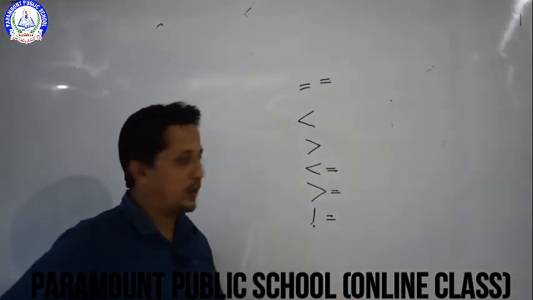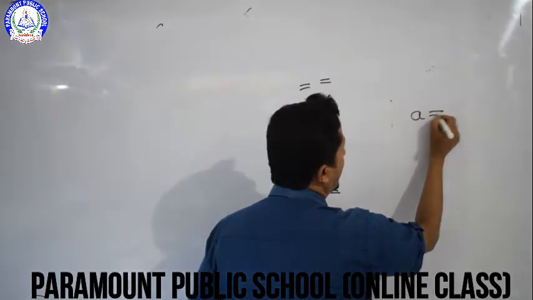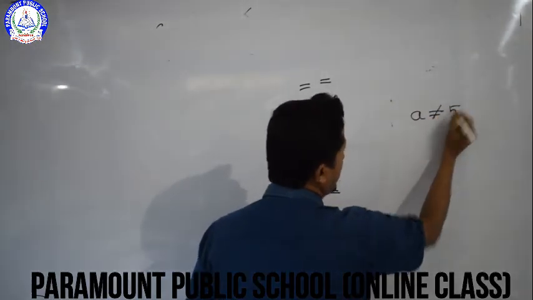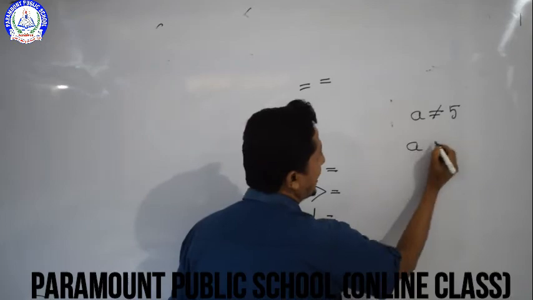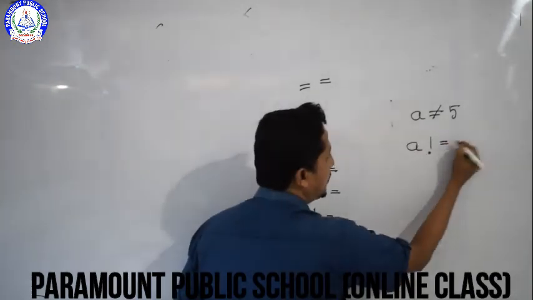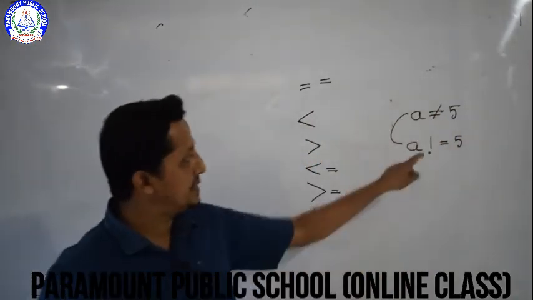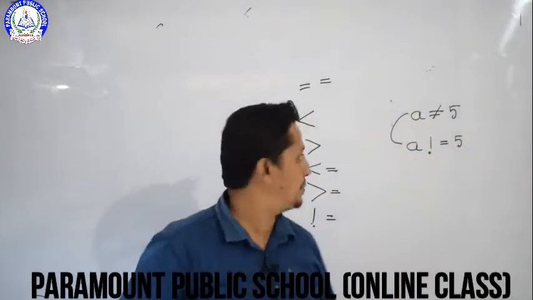Now what is not equal to? For example, A not equal to 5. We write it like this, A != 5, which means A is not equal to 5.